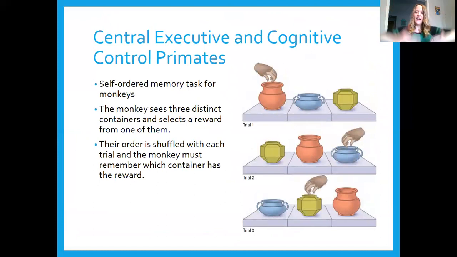Then we mask the containers from view, so we screen and shuffle the containers. And our monkey gets trial 2. It needs to remember, even though the red is in a different position, it's already reached into the red container, so it needs to pick a different one this time. So we see it picks the blue, and then finally our last container to get all of the treats.